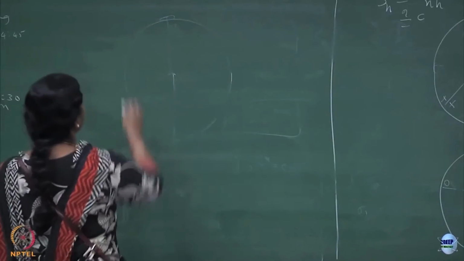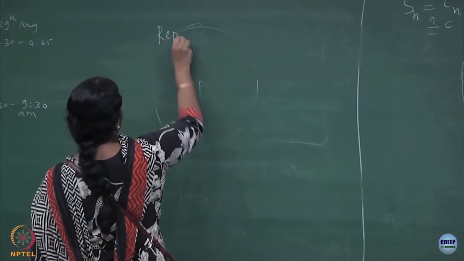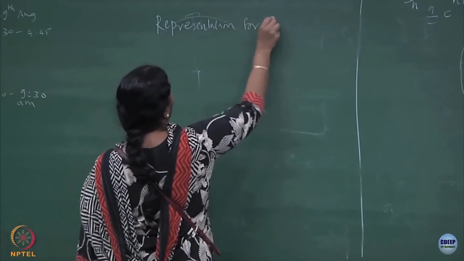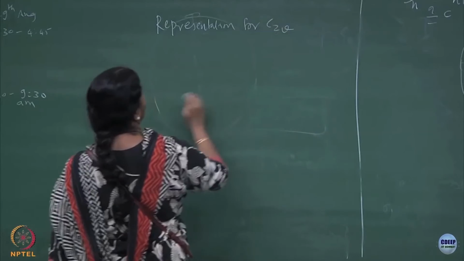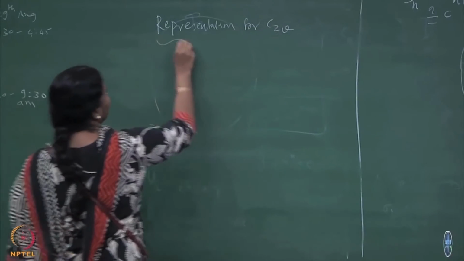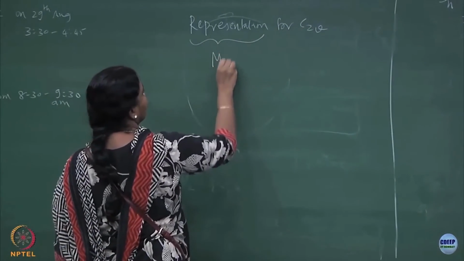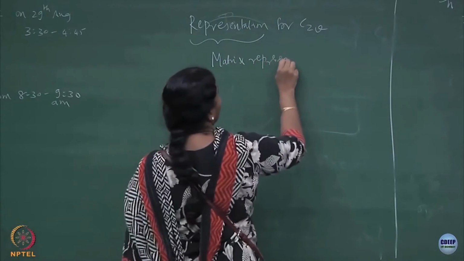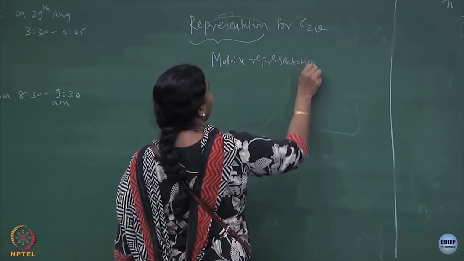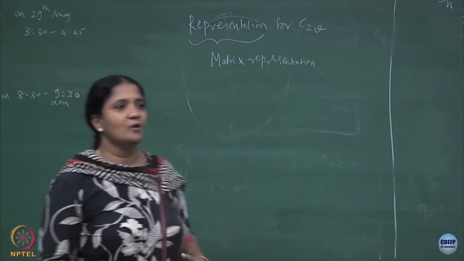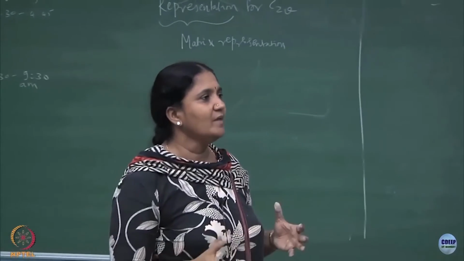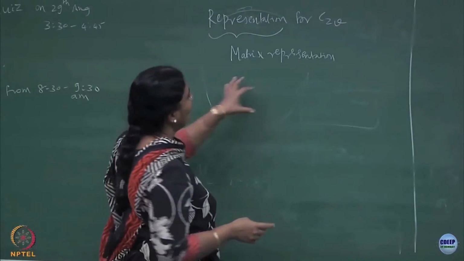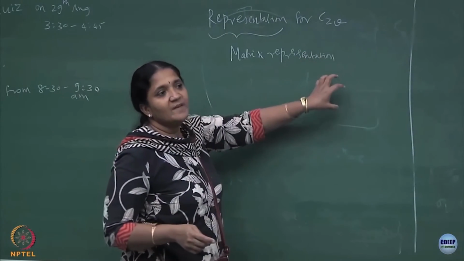So, we give a representation, especially the representation which we are going to look at is matrix representation, because one is that we can do the composition, the group operation, as multiplication, and you also know how you can operate it on vector spaces.